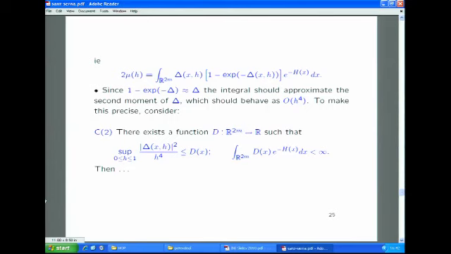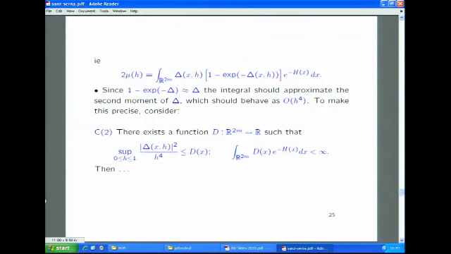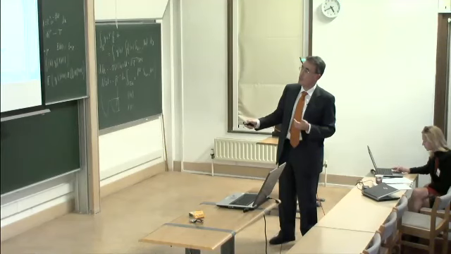But then this delta is small, so this is approximately delta, so the average gain in energy with respect to my density, my target density, is not of the order of delta, it is of the order of delta squared, because I get one factor delta from there, and this is also of the order of delta. To make this precise, I assume this other condition, C2, that delta squared over h to the fourth is dominated by a function that is independent of h squared.